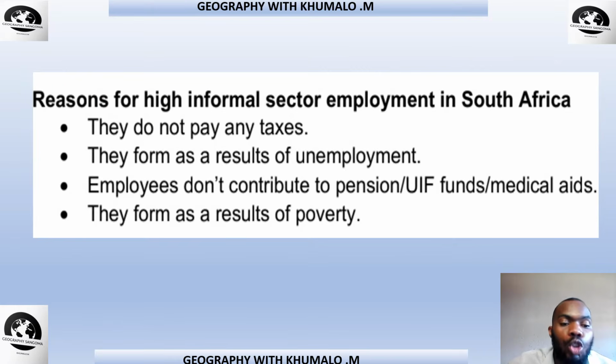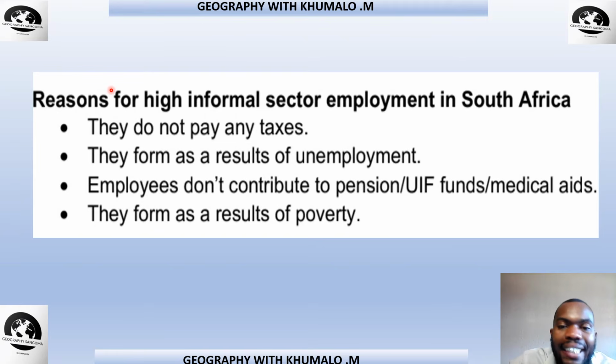Now we are going to move to what we call the reasons for high informal sector employment in South Africa. Why do we have these types of businesses that are not registered? It's because they do not pay tax. So those businesses don't pay tax, so the profit that they make comes to them 100%.